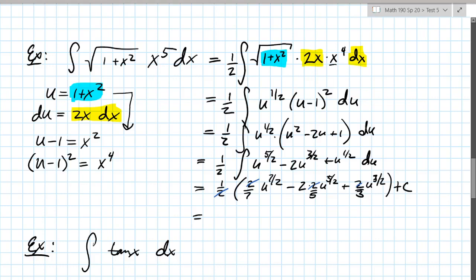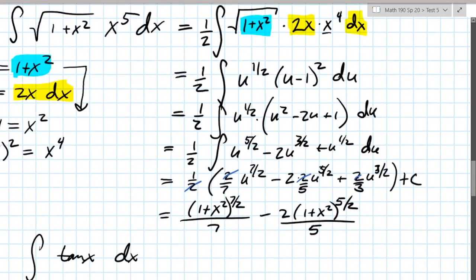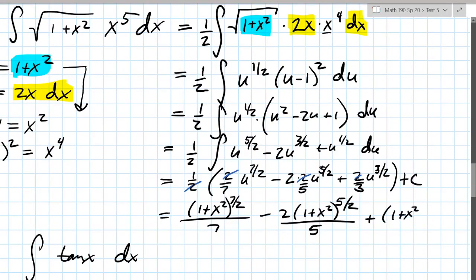And then I've got 1 plus x squared to the 7/2 over 7 minus 2 times 1 plus x squared to the 5/2 over 5 plus 1 plus x squared to the 3/2 over 3, and then my plus c.